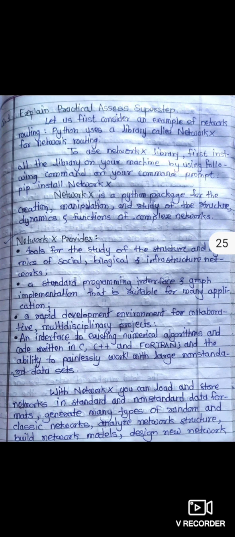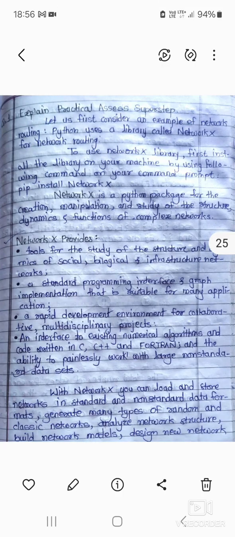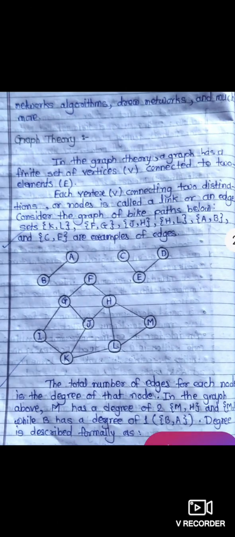With NetworkX, you can load and store networks in standard and non-standard data formats, generate many types of random and classic networks, analyze network structure, build network models, design new network algorithms, draw networks, and much more.